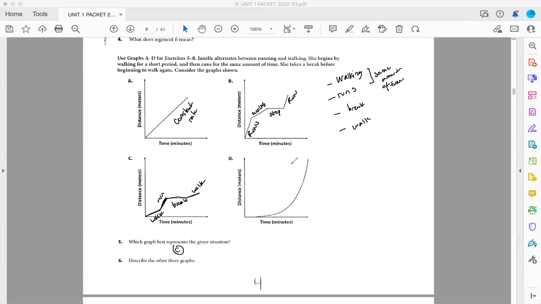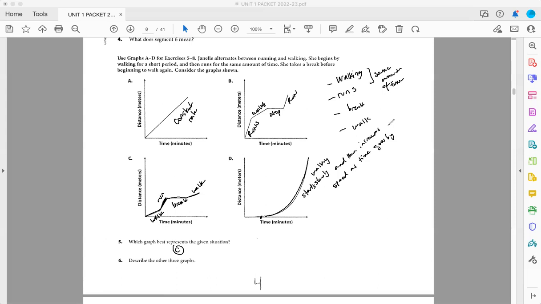And for graph D it is a little tricky. Starting technically somewhere at 0. And this is what we call an exponential graph, which we will get to at one point in this class. An exponential graph means it starts slow and it picks up. So maybe this could be something like starts walking slowly, and then increases speed as time goes by.